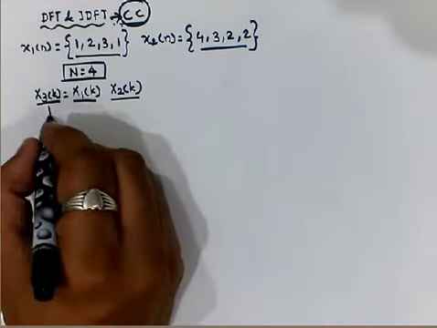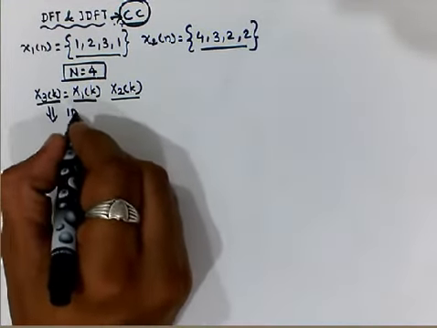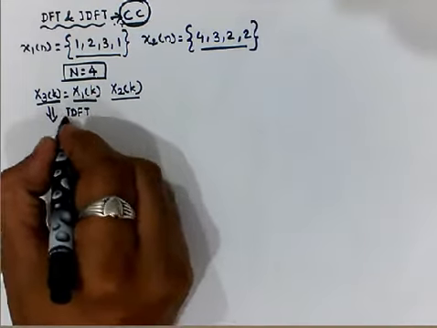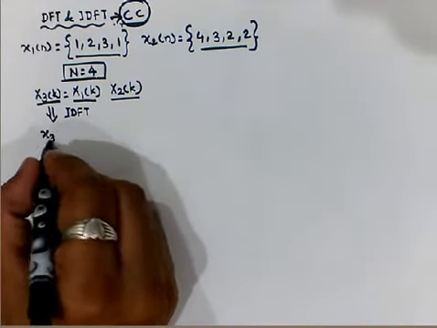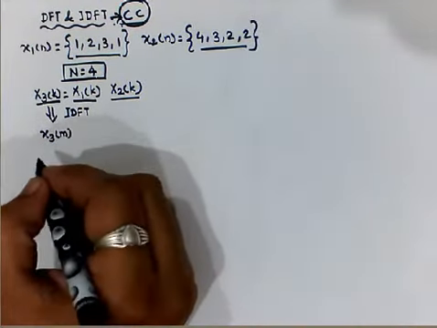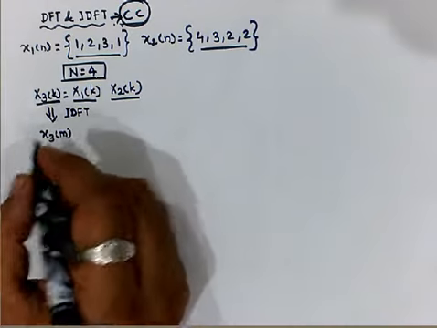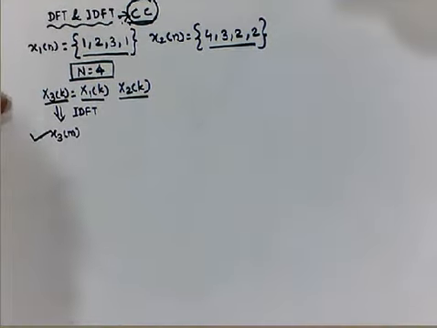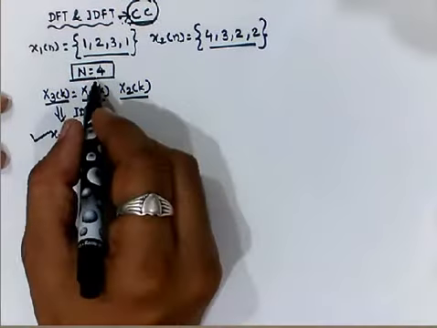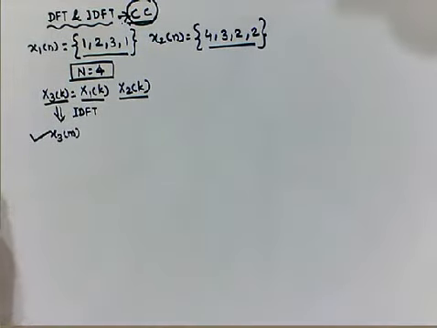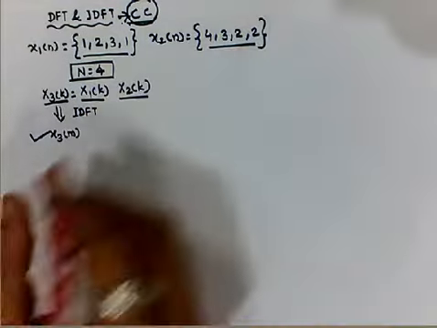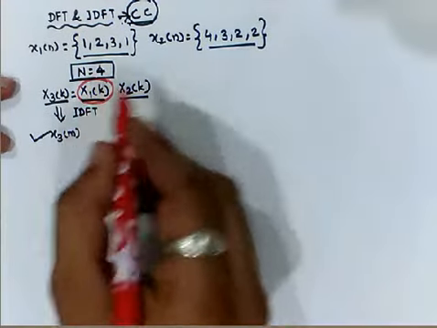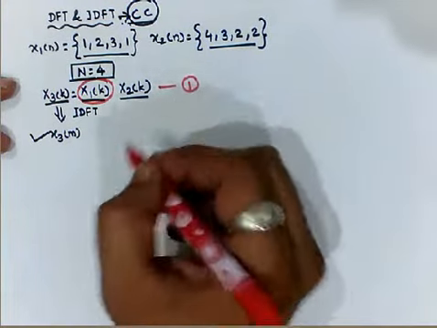From this x3 of k, if someone goes for the IDFT, then he will be able to obtain x3 of n, and that is the final answer which we require. So let's proceed to find x1 of k first. Let me call this equation 1.